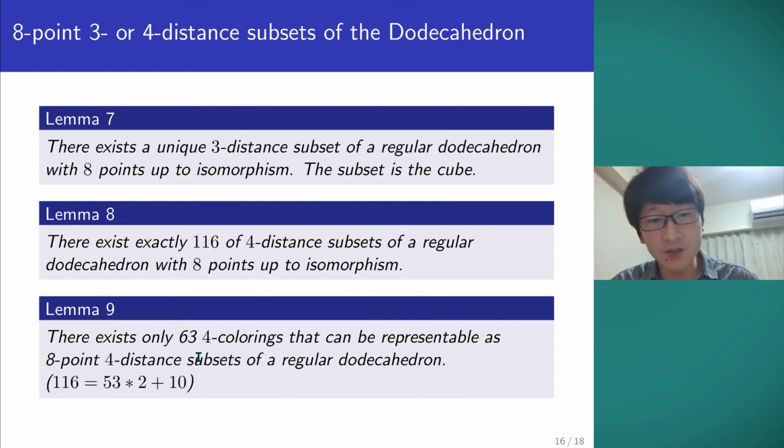And there exist only 63 colorings that can be represented as 8-point 4-distance subsets of a regular dodecahedron. Of these 63, 53 colorings have two representations as 4-distance subsets in the regular dodecahedron, and 10 colorings have only one representation.